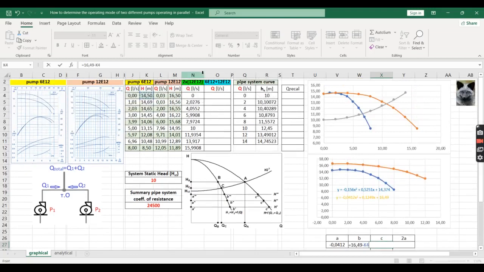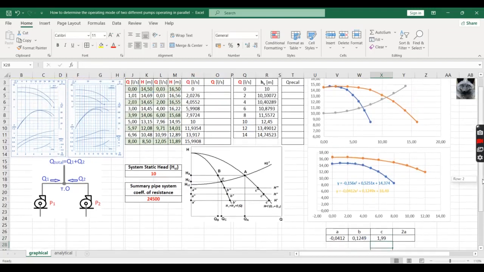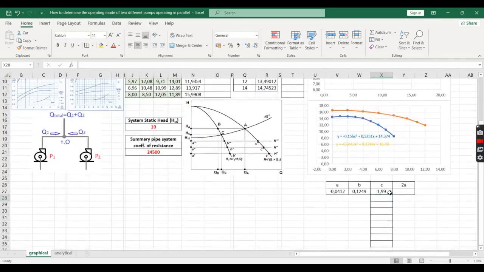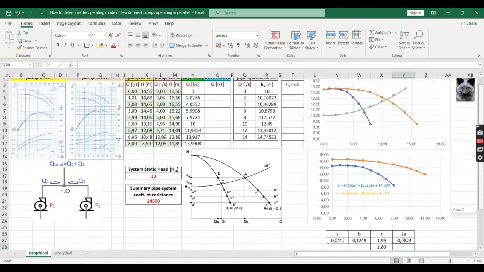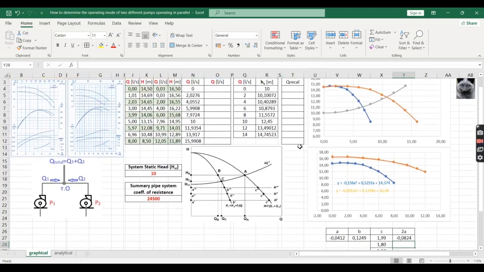In the first case, it will be 14.5. So let's see what will be the coefficient C, and for the other values of the head. Now we've got it. And finally, we have to multiply twice the coefficient A. So now we have prepared all the data that we need so to recalculate the flow rate.